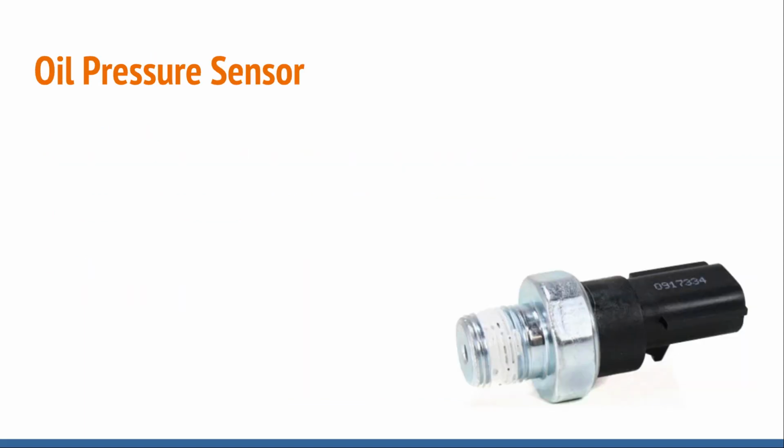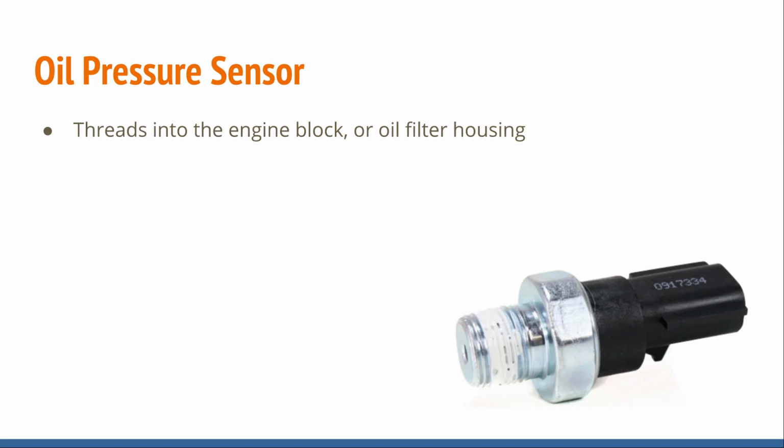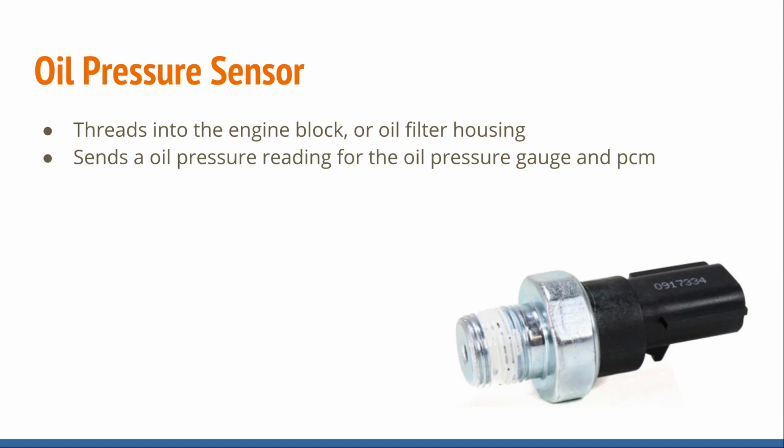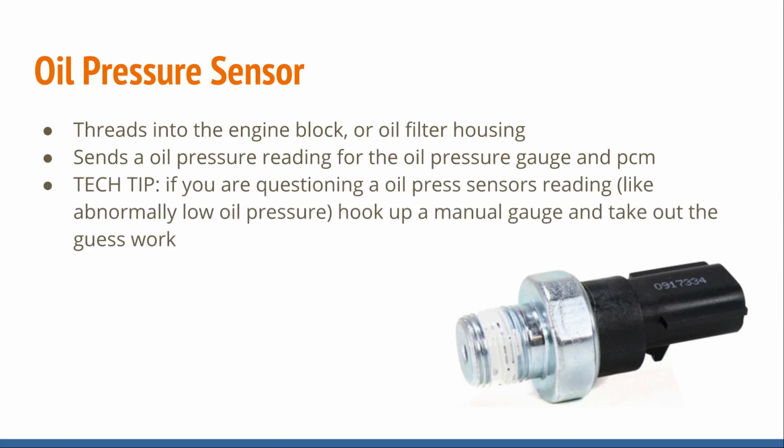Okay, next, oil pressure sensor. It threads right into the engine block or oil filter housing. It sends a pressure reading for the oil pressure gauge and the PCM. If you are questioning an oil pressure sensor, say it's showing low pressure and you don't know if that sensor's right, easy.